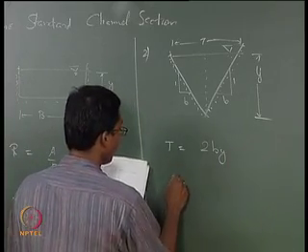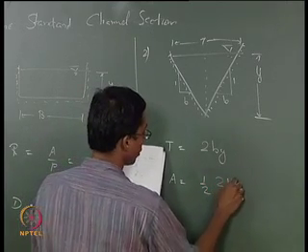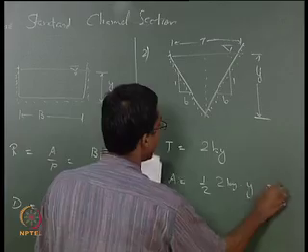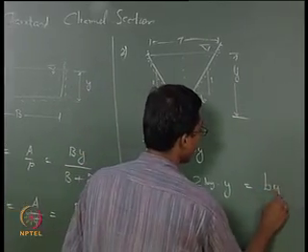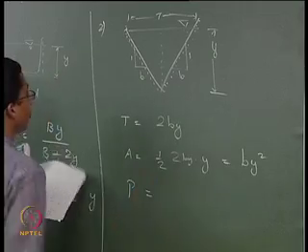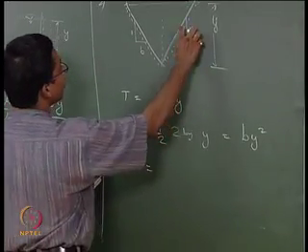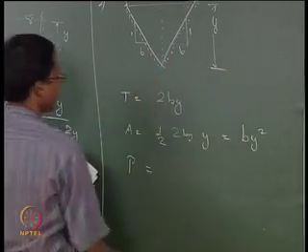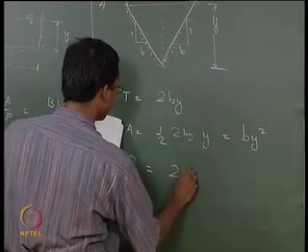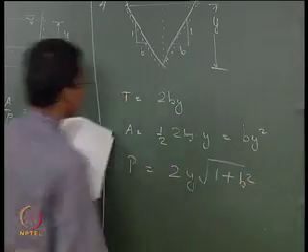So your area is half into 2 b y into y, this is equal to b y square. Your wetted perimeter is nothing but the hypotenuse length. You can easily get this as 2 y into root of 1 plus b square.